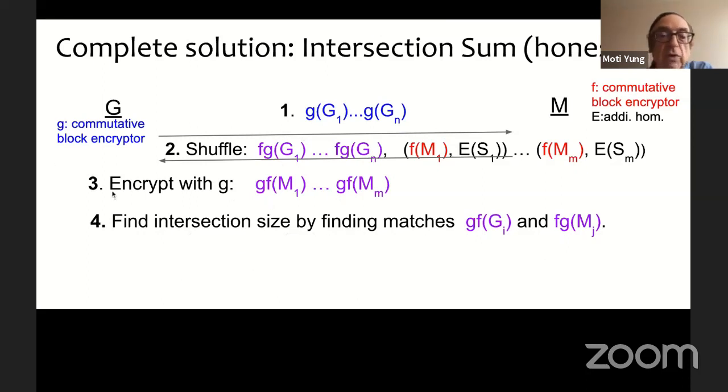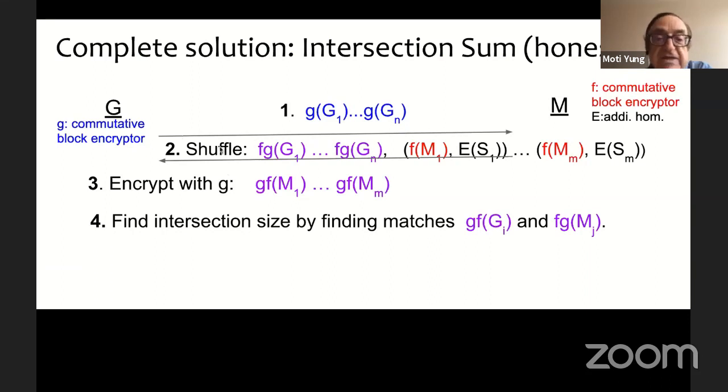Before we go on, in case M does not shuffle the set, G remembers the positions of the original G1 to Gn, so when it calculates the matching, it can actually calculate the set intersection.